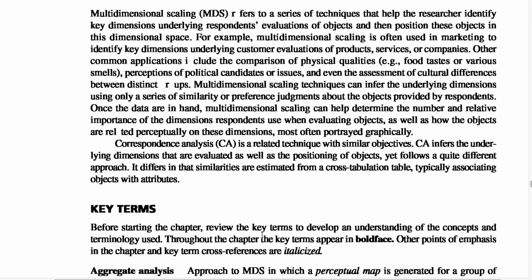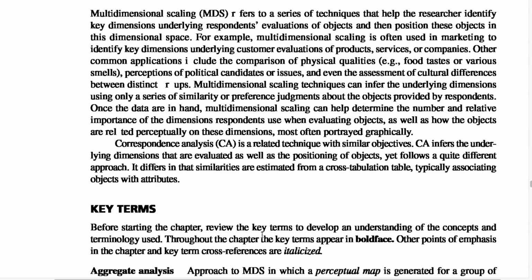we call MDS, refers to a series of techniques that help the researcher identify key dimensions underlying respondents' evaluations of objects and position these objects in the dimensional space. For example, multidimensional scaling is often used in marketing to identify key dimensions underlying customer evaluation of products or services or comparison.